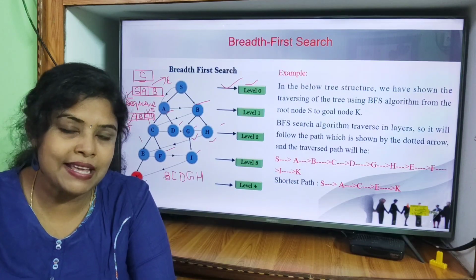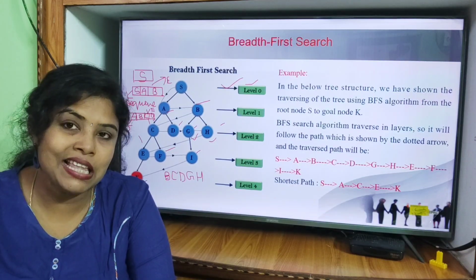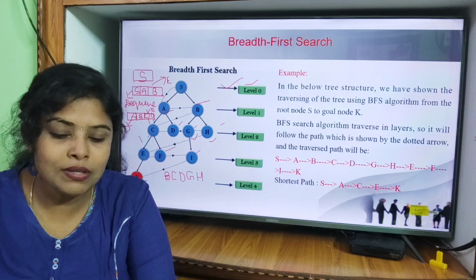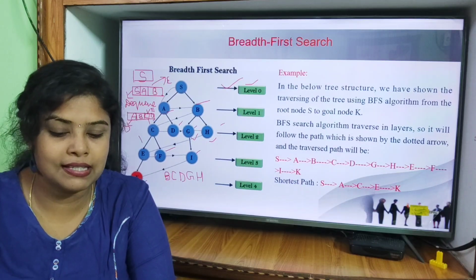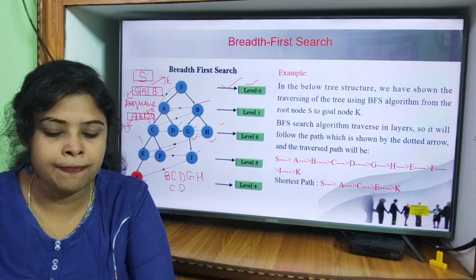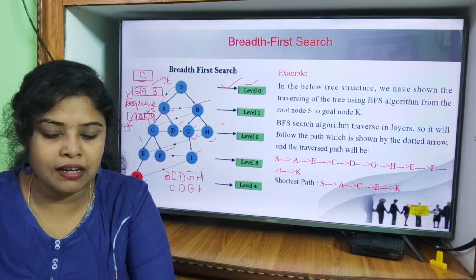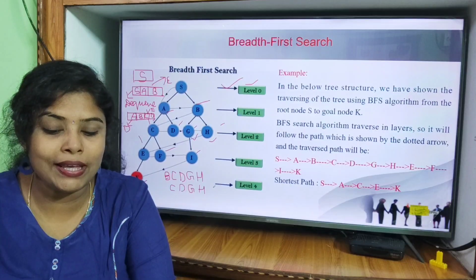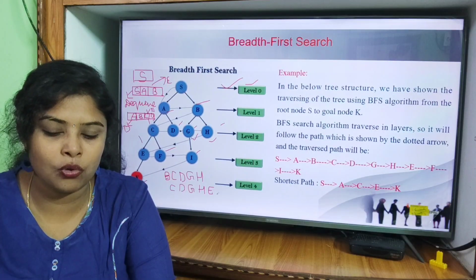Next I will be dequeuing B, and next in the list is C. Now C has two successors, E and F. Therefore in the next step I need to write C, D, G, H, and now I need to include E and F also in the queue.